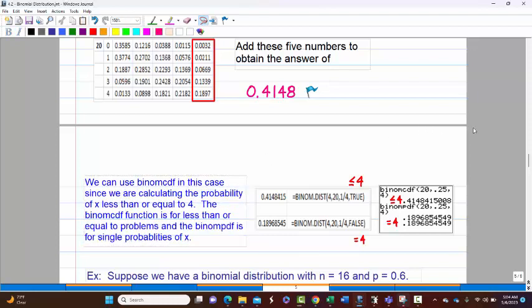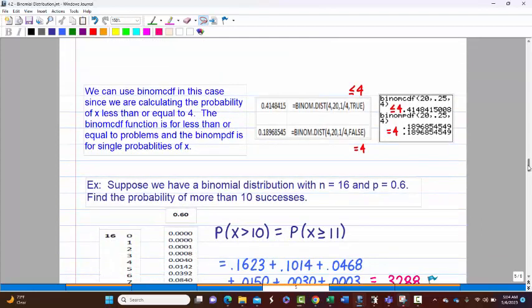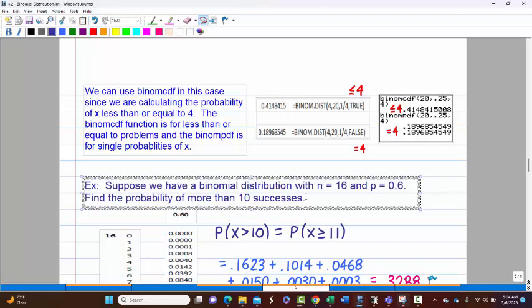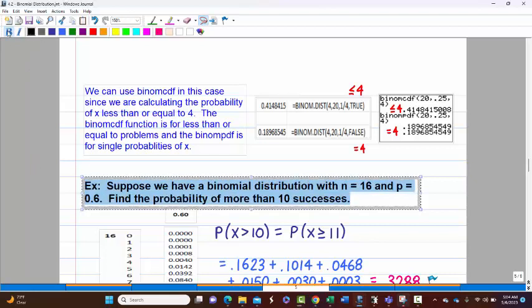All right. So let's see what we got here. Now you have to try to use the technology for this. You have to be pretty clever. I'll show you what I did down here.